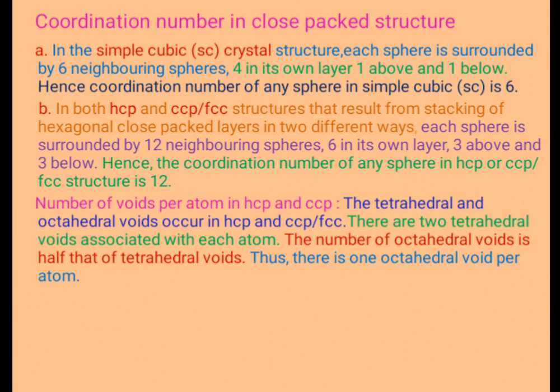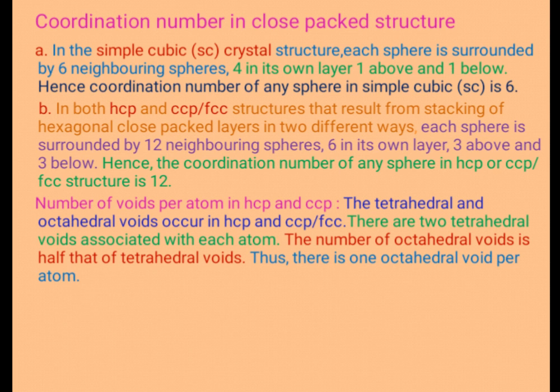The number of voids per atom in HCP and CCP. The tetrahedral and octahedral voids occur in HCP and CCP or FCC. There are two tetrahedral voids associated with each atom, while the number of octahedral voids is half of the tetrahedral voids. Thus, the tetrahedral voids per atom are 2 and octahedral voids are only 1.